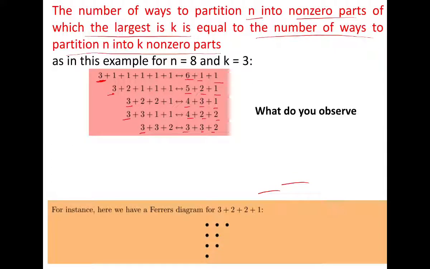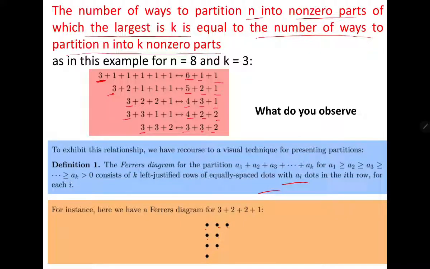So for this we'll introduce the concept of Ferrers diagram, which says that if I have to write 3, 2, 2, 1, I should put 3 dots, then 2, then 2, and then 1. This is how the Ferrers diagram is defined. It is a partition where a1 is greater than or equal to a2, which is greater than or equal to a3, and so on, and there are k left-justified rows.